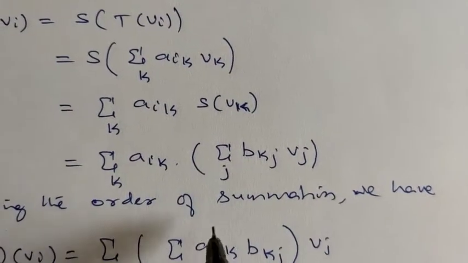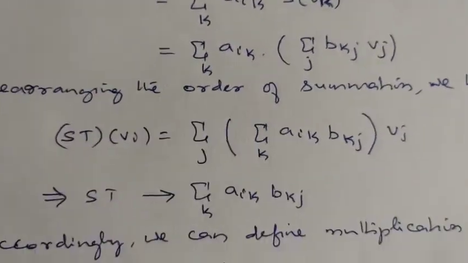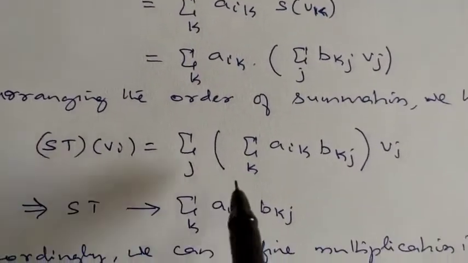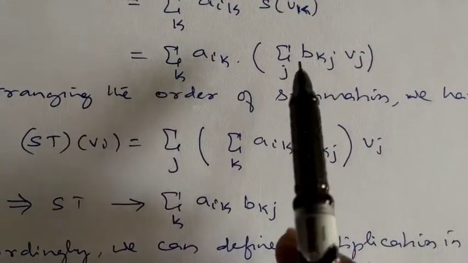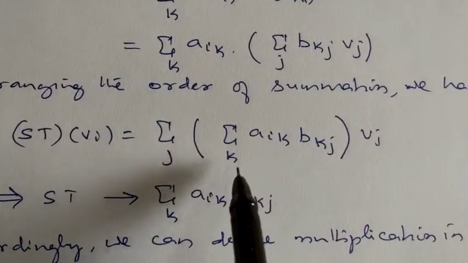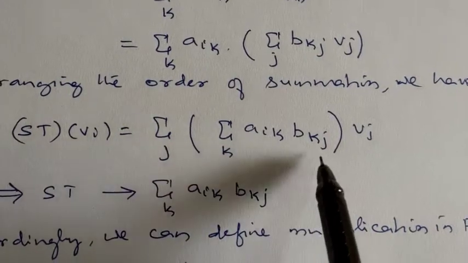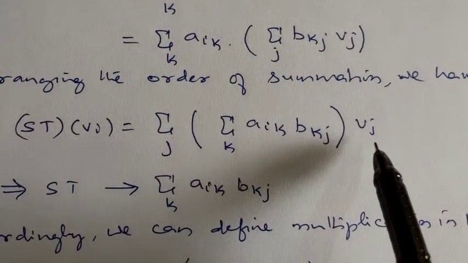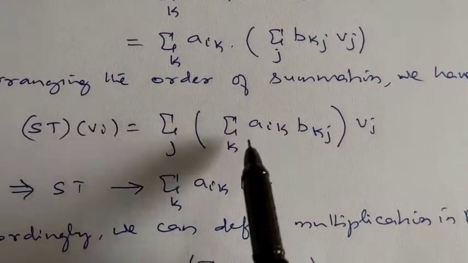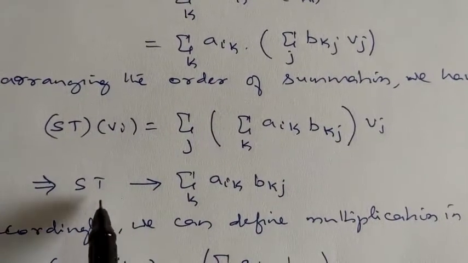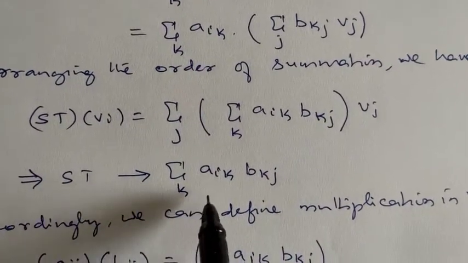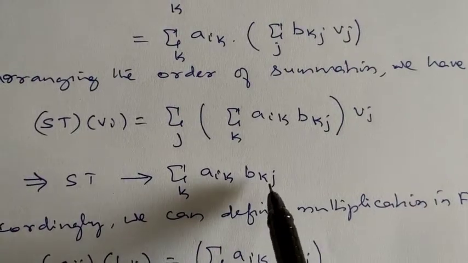So rearranging the order of summation, we get S into T of Vi equal to summation over j, of summation over k, Aik into Bkj, into Vj. Therefore this is the matrix of S into T. Therefore ST corresponds to the matrix summation over k, Aik into Bkj.